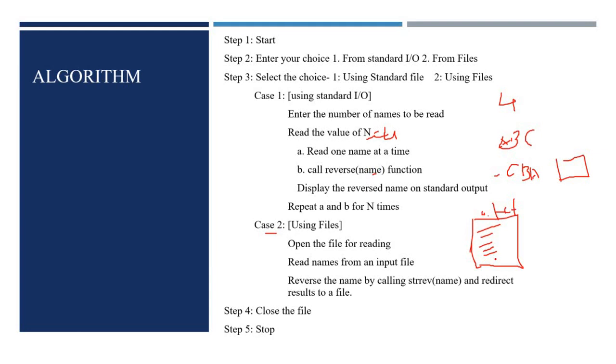It may be 4, 5, 6, whatever the number of names. Once the data is stored and passed as input, the file will be read line by line, and each line is processed in reverse form and stored in another output file.